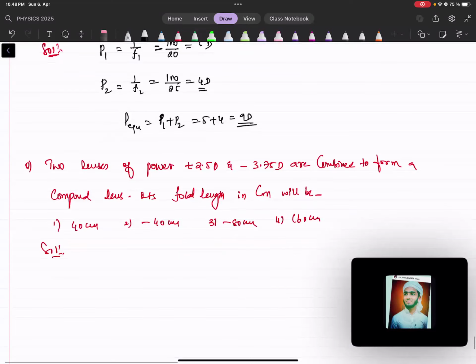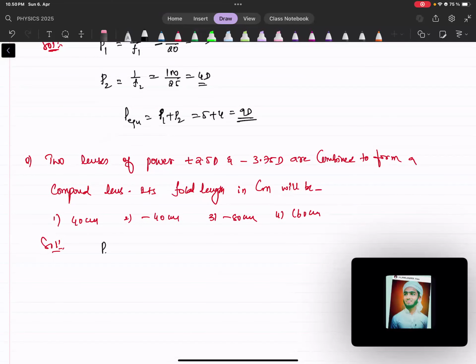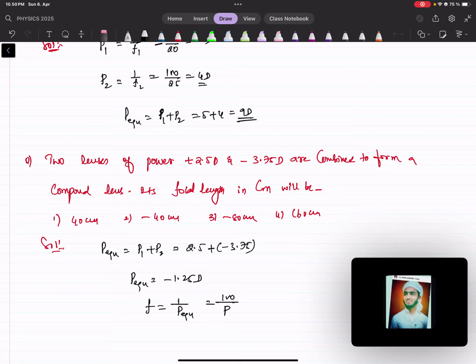Two lenses of powers are given. So P equivalent will be equal to P1 plus P2. So it is 2.5 plus minus 3.75. So P equivalent will become how much, beta? Minus 1.25 diopter. So focal length will be equal to 1 by P equivalent, so it is 100 divided by P, that will be equal to minus 100 divided by 1.25.